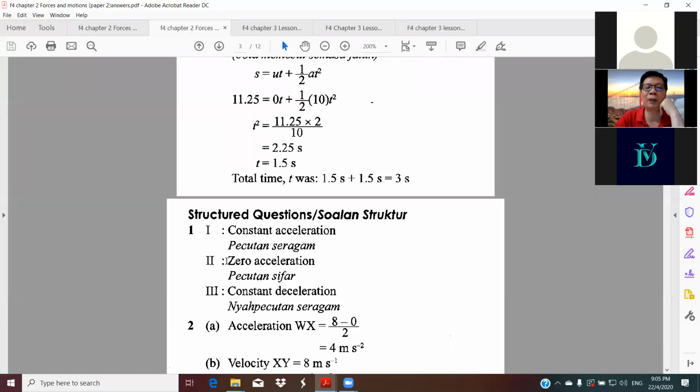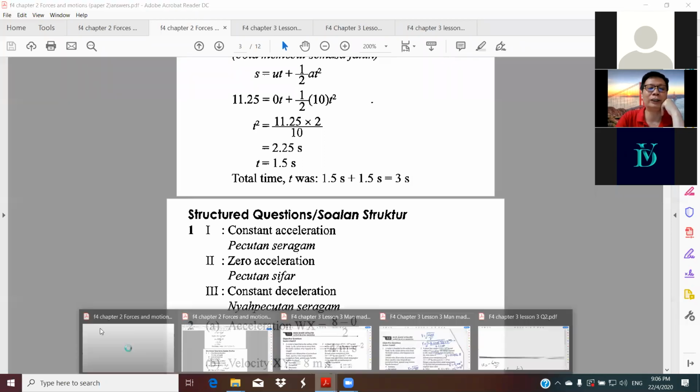Why zero? Because of constant velocity, so no acceleration. And the last one is going down, so it's constant deceleration. All these are constant because they are straight lines. Normally straight lines are constant.